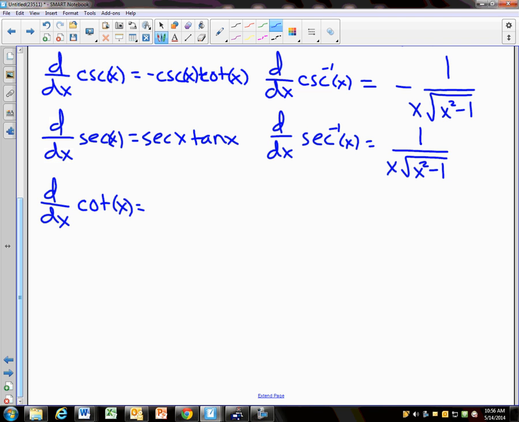And the derivative of cotangent, do you remember what that is? Negative cosecant squared. And the derivative of cotangent inverse of x is equal to negative 1 over 1 plus x squared. Got them? All you have to do is get them, and then we just use them.